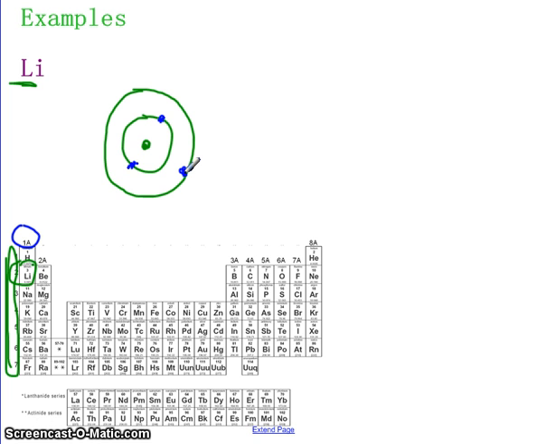If we look at the other information about lithium, lithium has atomic number 3, which means it has 3 protons. Remember, protons are positive. That means right now lithium has 3 positives.